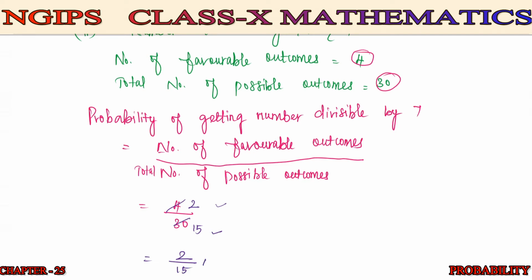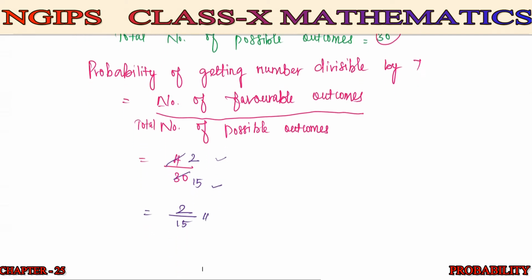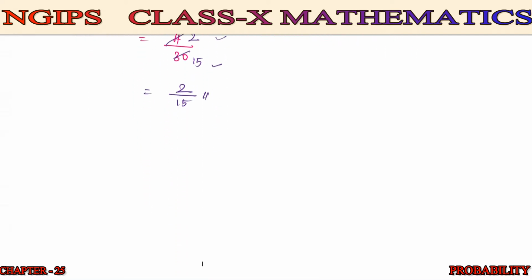Next we will move to the next question. Here we have the second question. The second one, a bag contains 5 white balls, 6 red balls and 9 green balls.